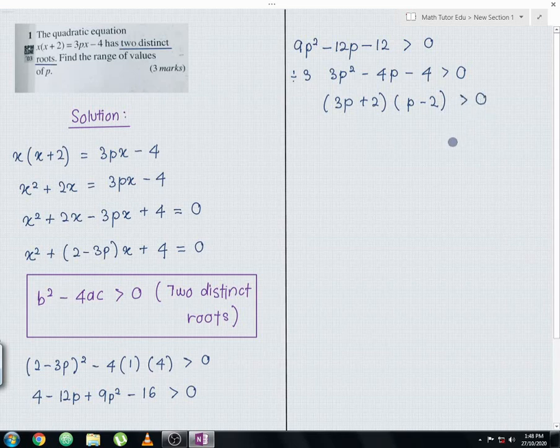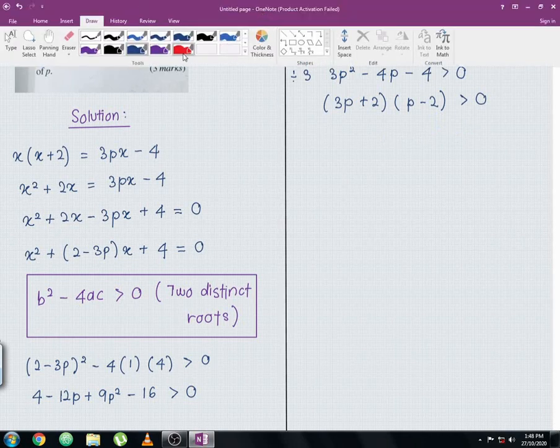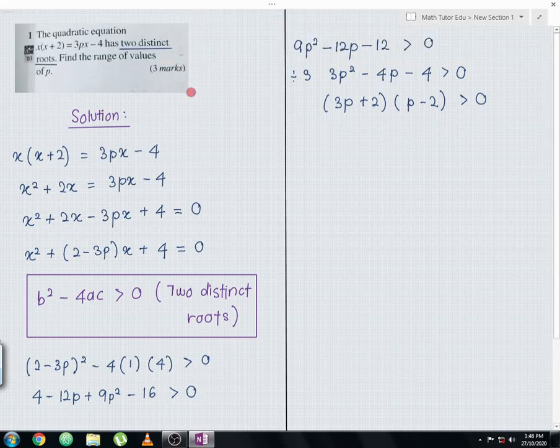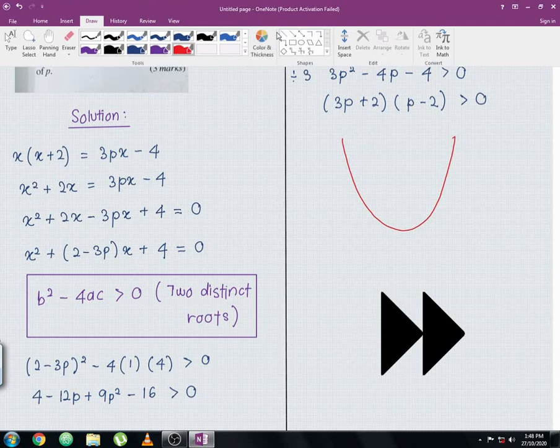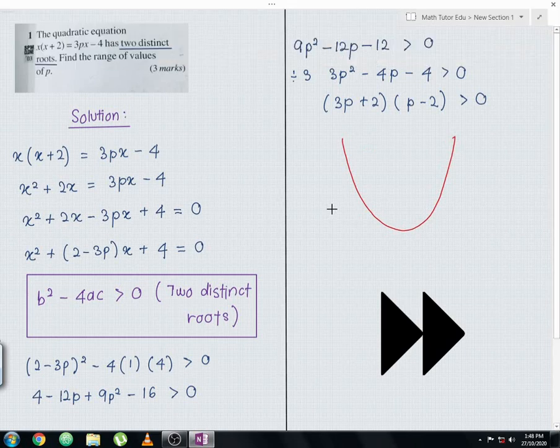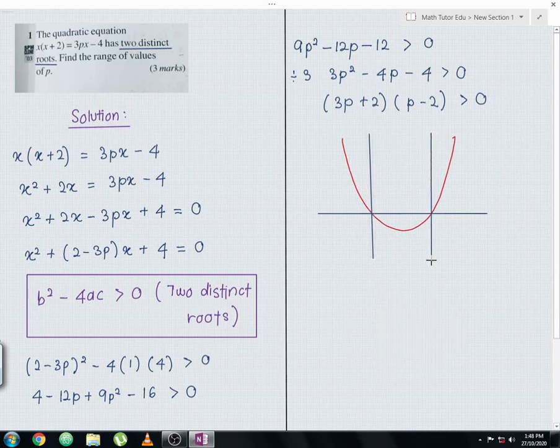Okay, so we are very close to our final answer. So for the next step, I'm going to sketch the graph, the quadratic curve. Okay, so let me draw a line over here. Okay, please hold on, guys. Alright, superb.